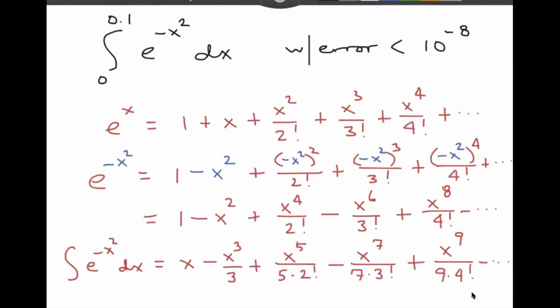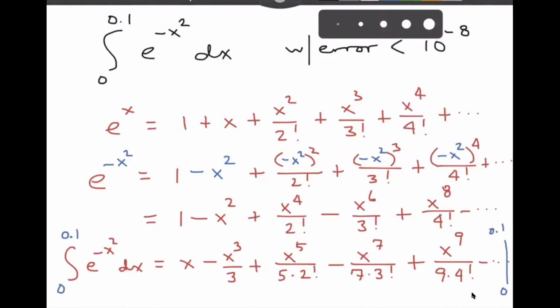All right. So then, oh, you know what? Let's do this. Because what we're really after is the definite integral, right? So now if I just stick a couple of limits of integration on this from 0 to 0.1, what I would be doing then is evaluating this series at 0.1 and then subtracting the value of that series at 0. Okay, so I think I can squeeze that in down here.